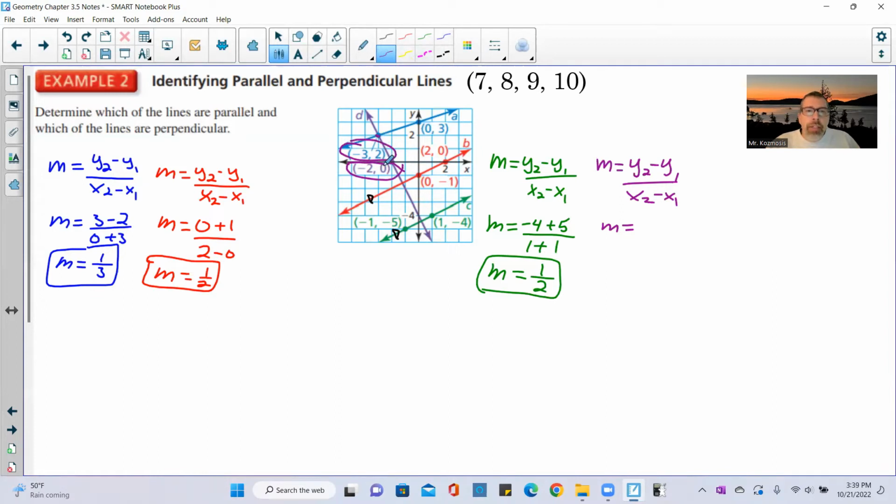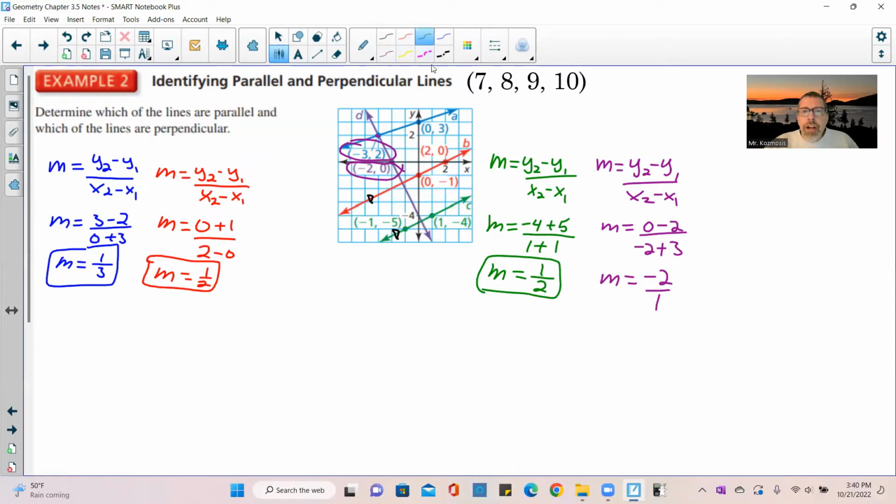So these are my y's. So y2 is 0 minus y1, which is 2, over -2 minus a -3 is +3. So the slope of the purple line is 0 minus 2, which is -2, and -2 plus 3 is 1. And that is a negative reciprocal to 1/2.